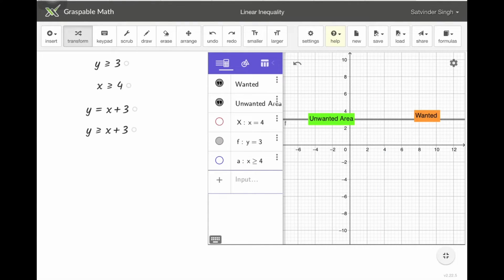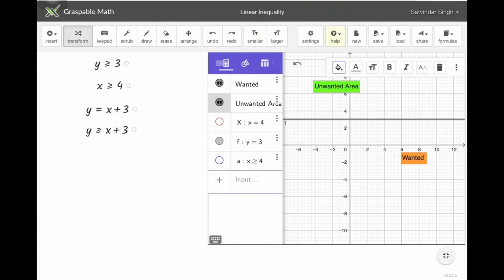Okay, fine. Let's try with y. y equals 3 is a horizontal line. Again, it divides the coordinate plane in two parts, one above and one below, but we don't know which one is wanted or unwanted. That will depend on the inequality. For example, I have the inequality y greater than or equal to 3.